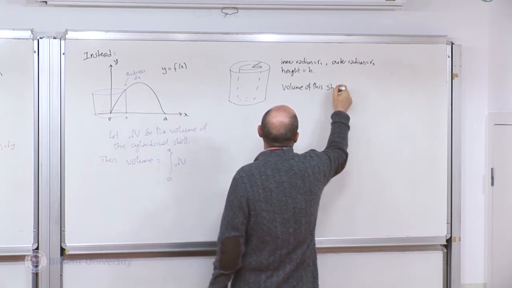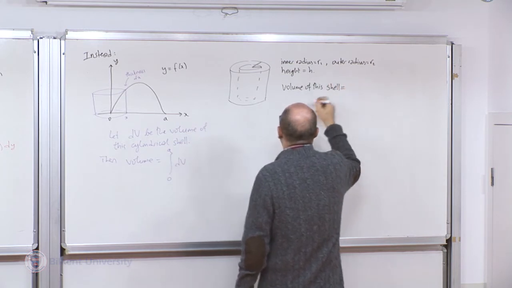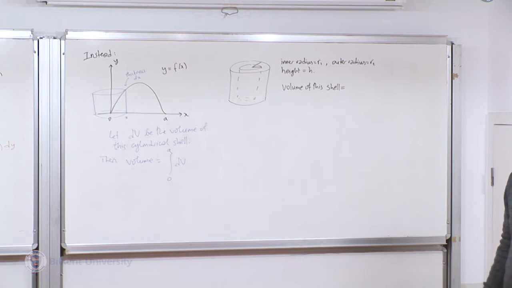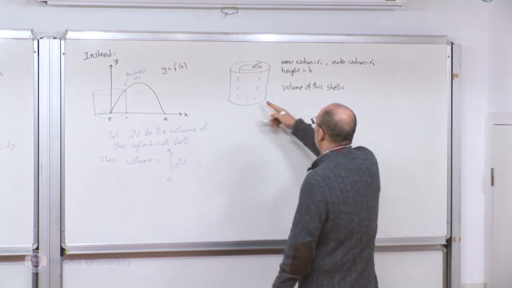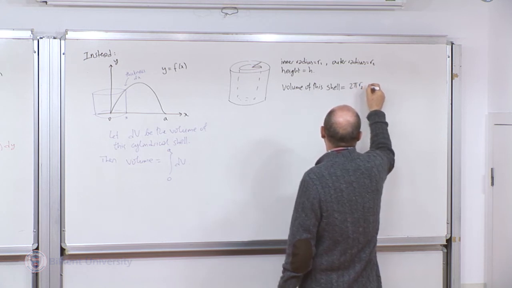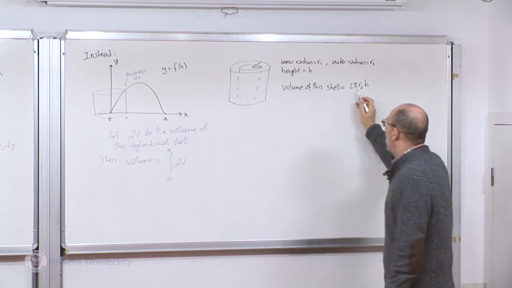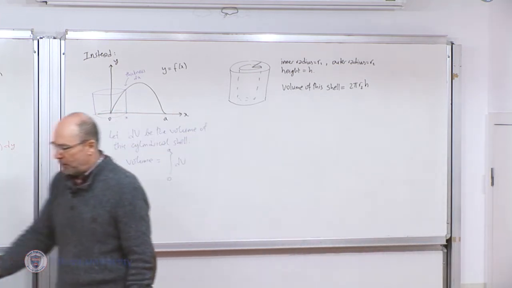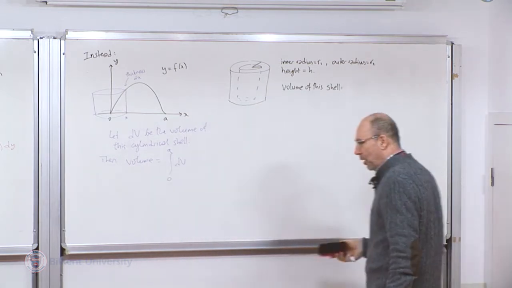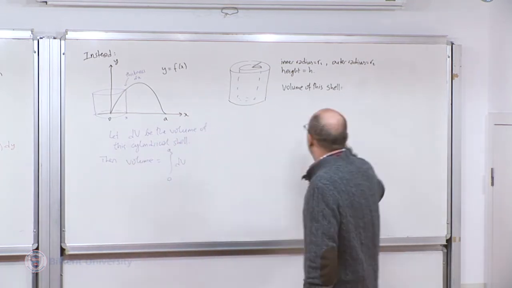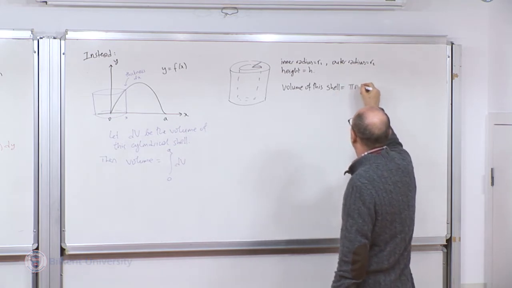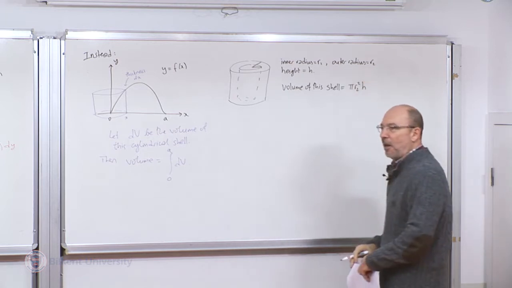So the volume of this cylindrical shell is: I calculate the volume of the big cylinder and subtract from it the volume of the small cylinder. So I calculate the base area, which is pi r2 squared, multiply it by h.